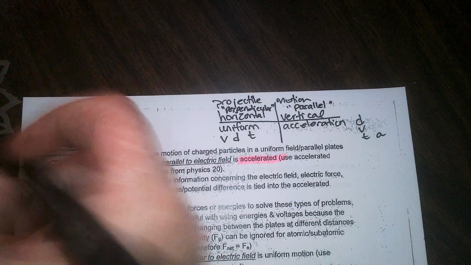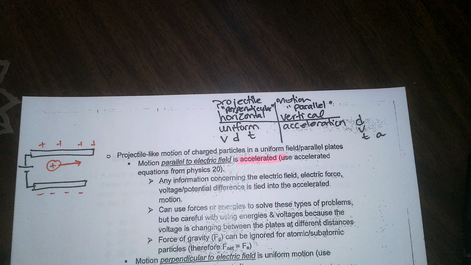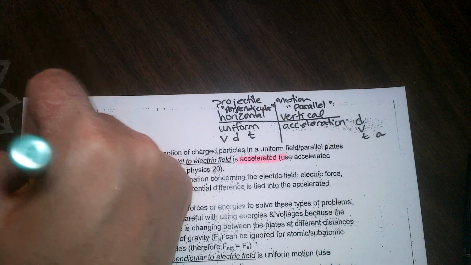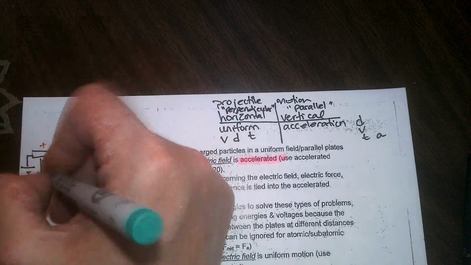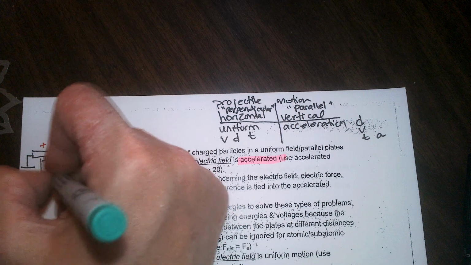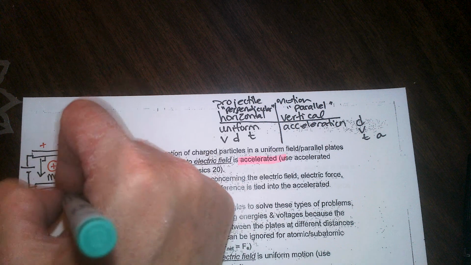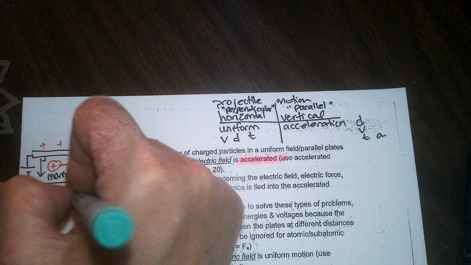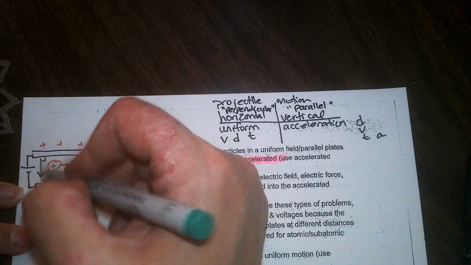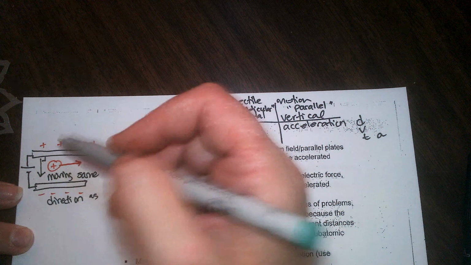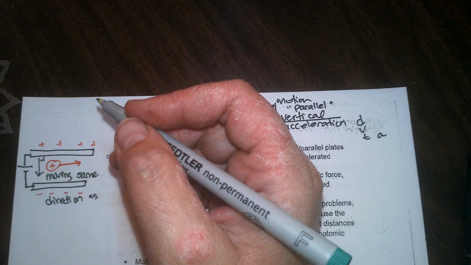Because if I was going perpendicular to the plates, perpendicular would be this way. If I was going perpendicular to the plate, what am I actually moving in the same direction of?